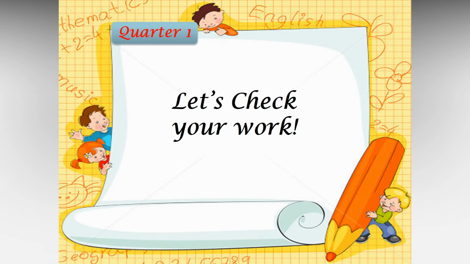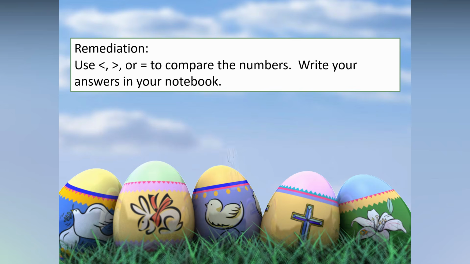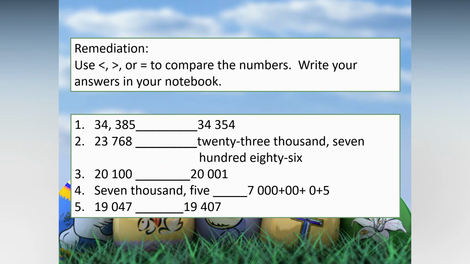Let's check your work. Number 1. 34,385 is greater than 34,354. Number 2. 23,768 is less than 23,786.